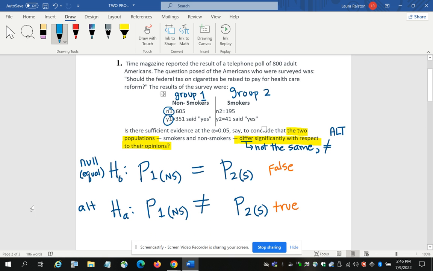It does differ because we said that the alternative was true. Okay.